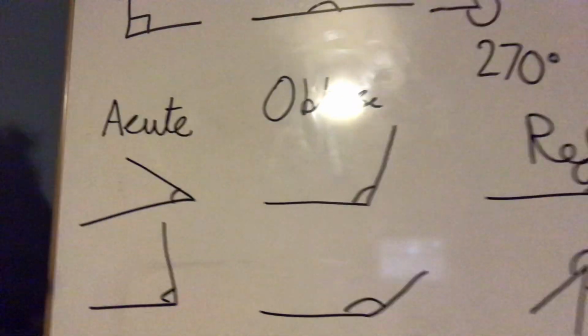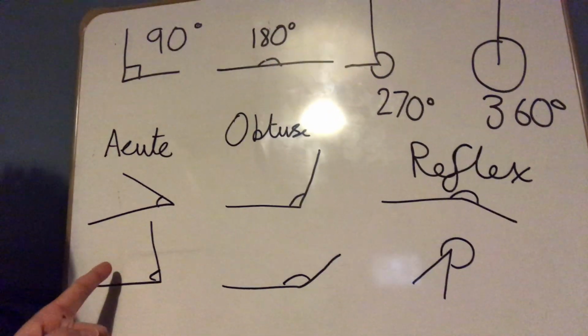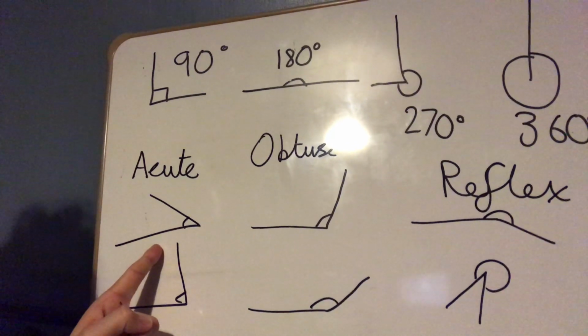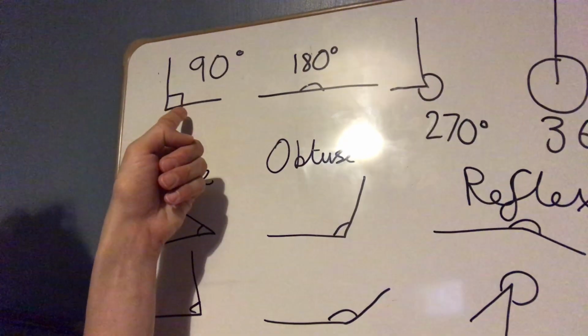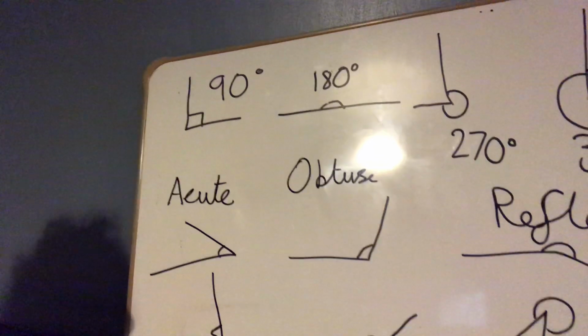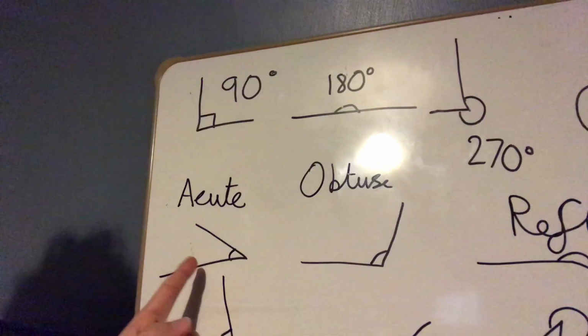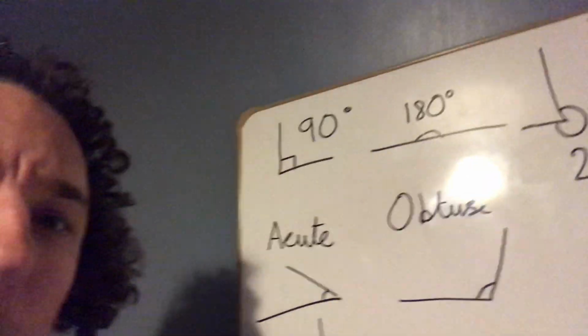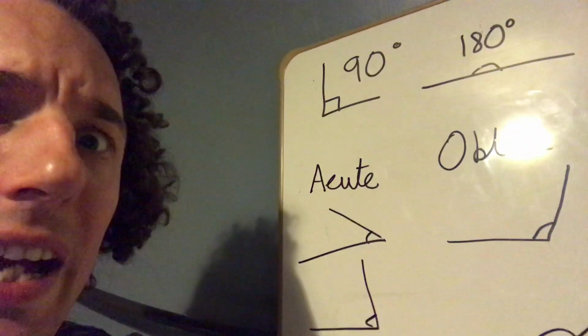Because look here. We've got this acute angle. Well, if you look at it, is it less than half the size of a 90 degree right angle? I would say if you drew a right angle there, it would probably be about half a right angle.